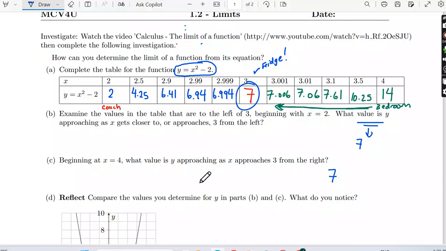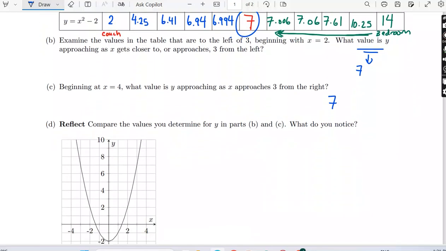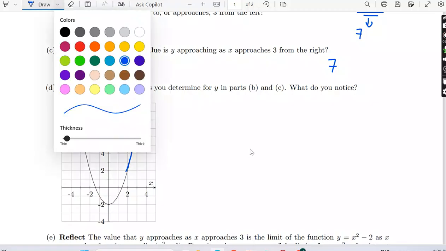Okay. So now reflect. We're going to compare the values you determined for y in parts B and C. What do you notice? Well, from x equals 2 to 3, so that's from the couch.